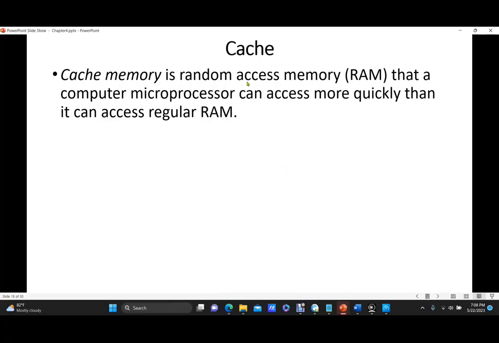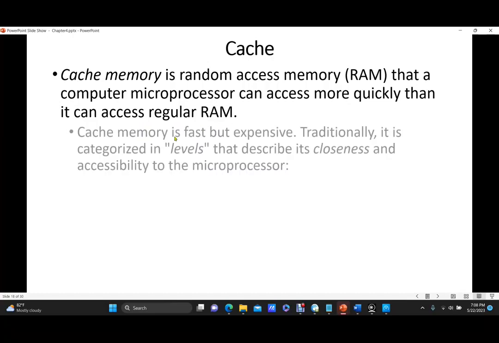Cache memory is random access memory, RAM, that the microprocessor can access more quickly than regular RAM. Cache memory, then, is fast. It can be accessed very quickly, but it's expensive.